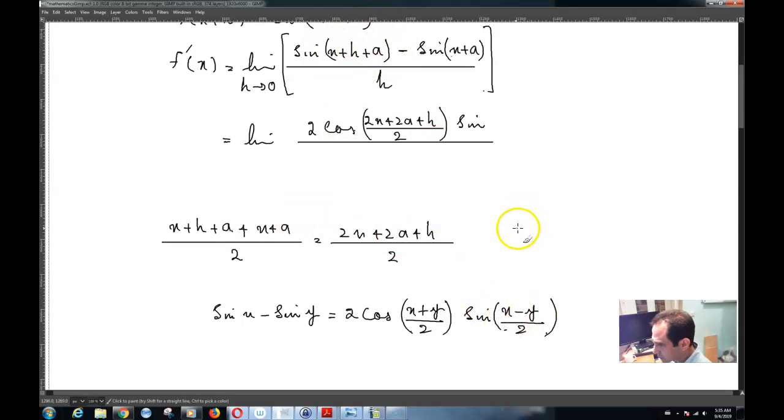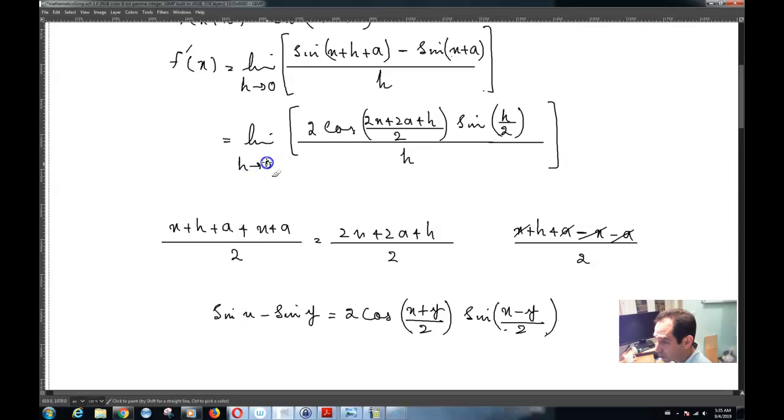So that is x plus h plus a minus y, which is negative x negative a, since the negative sign is multiplied by both of these terms, divided by 2. So x and negative x, a and negative a, so that's h divided by 2, divided by h as h tends to 0.